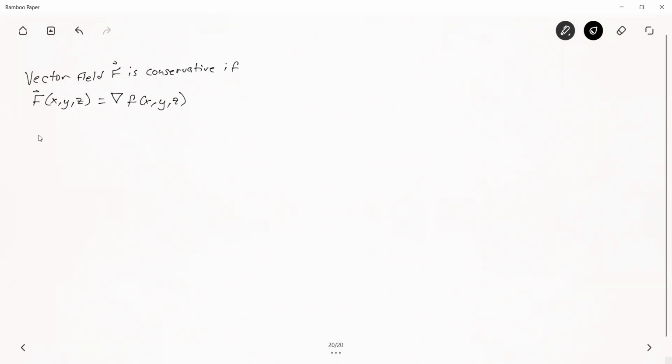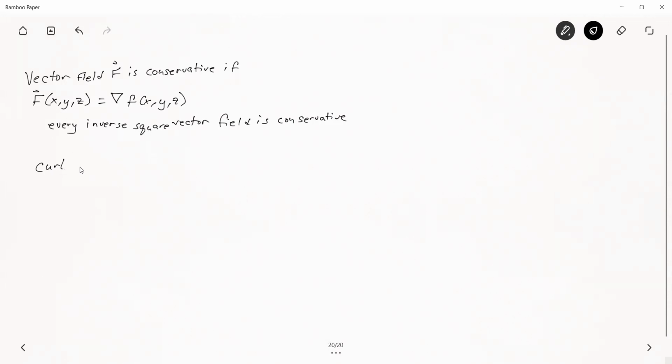So every inverse square vector field is conservative. So essentially what this is saying is every inverse square vector field is conservative.